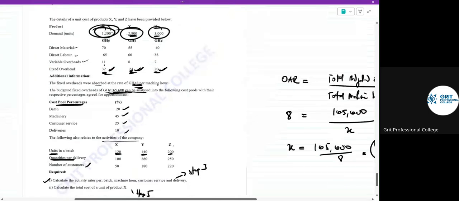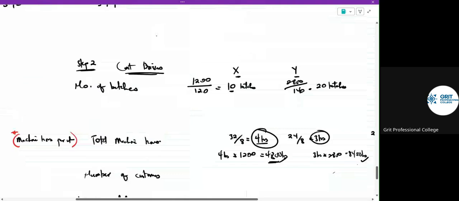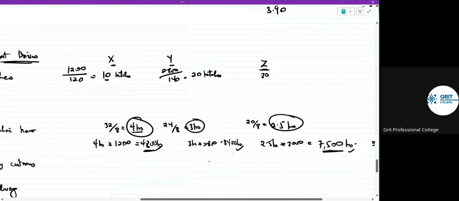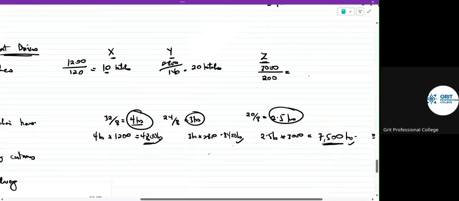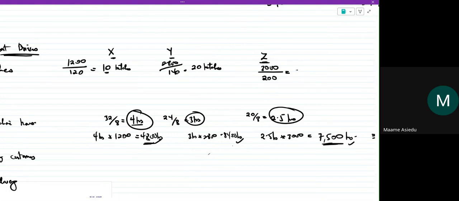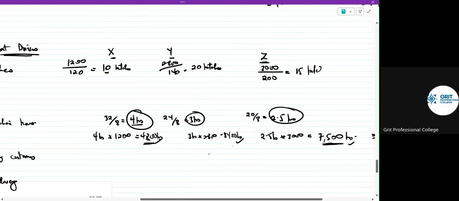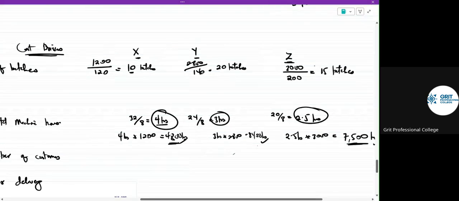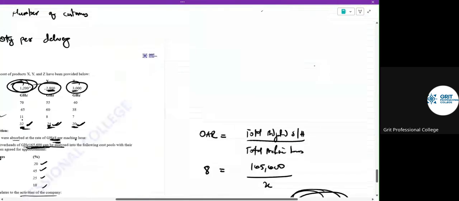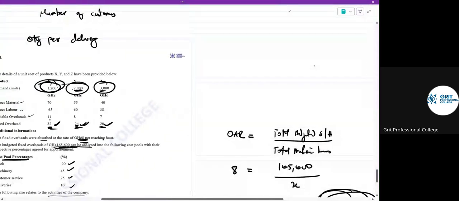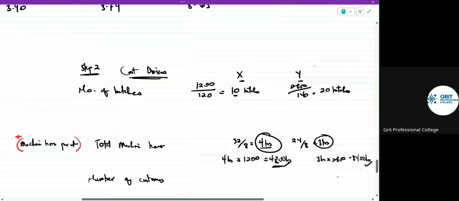We have 200 and then 3,000. So 3,000 products in total. Each batch has 200 in it. So how many batches? 15. Okay, 15 batches. And the 15 batches will cover the entire production of what? The 3,000 Zs. That's all.